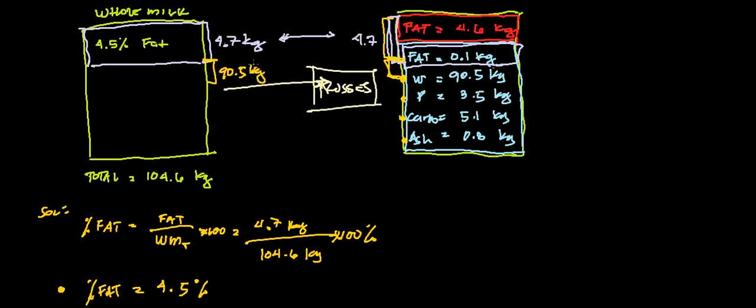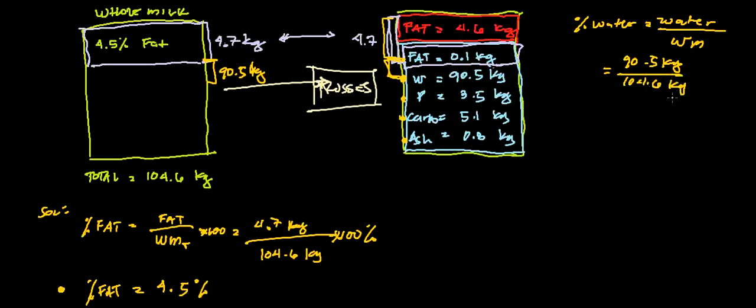The water is 90.5 kilograms, right? So our percent water is equal to the mass of water divided by the total mass of whole milk, which is 90.5 kilograms divided by our total mass of 104.6 kilograms.